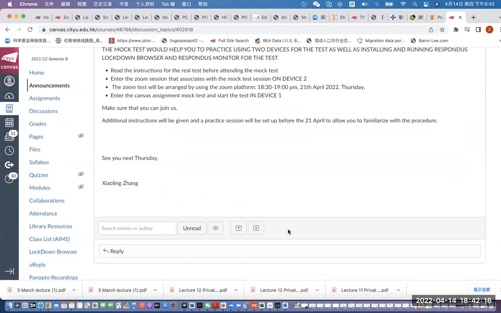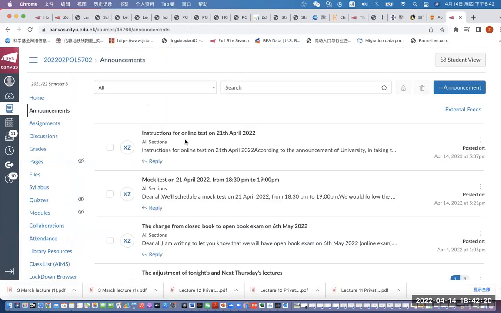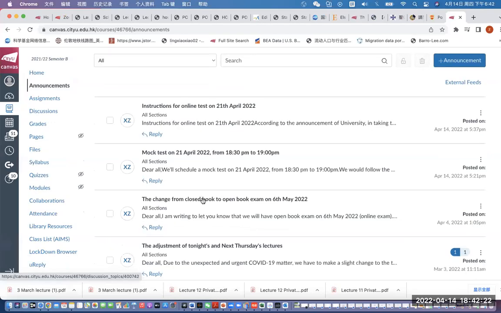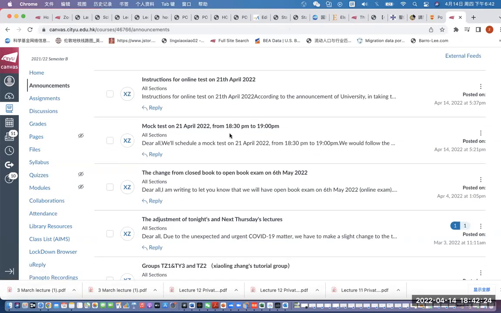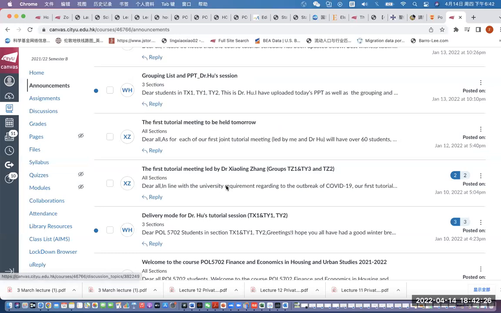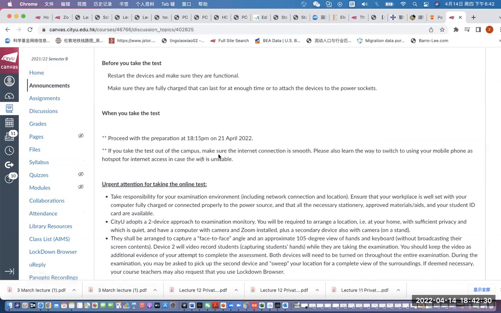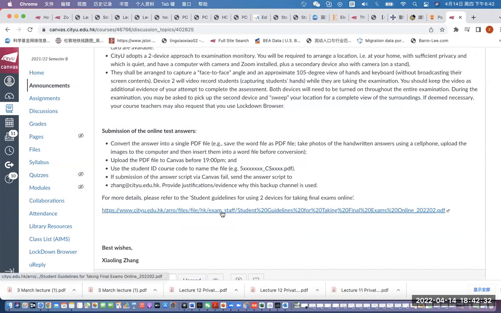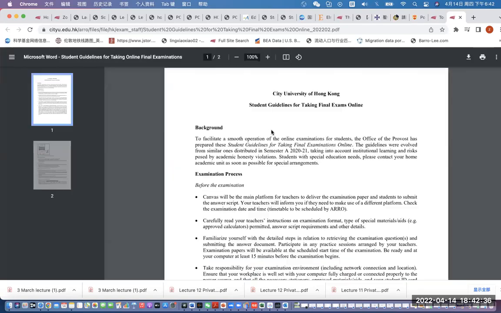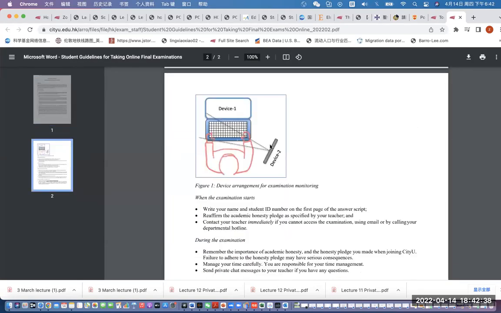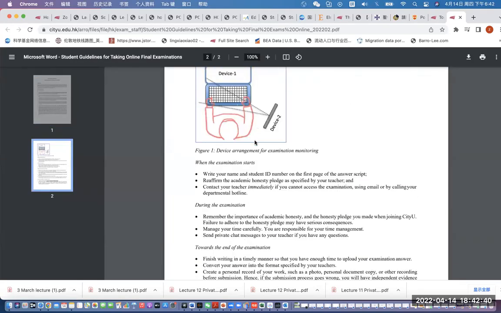You can go to the detail and check the announcement of the second one. For instructions here, if you click, you can find the details of how the guideline would be.